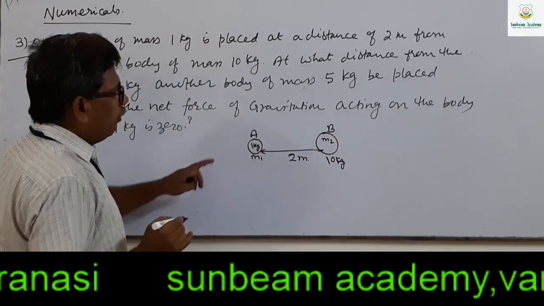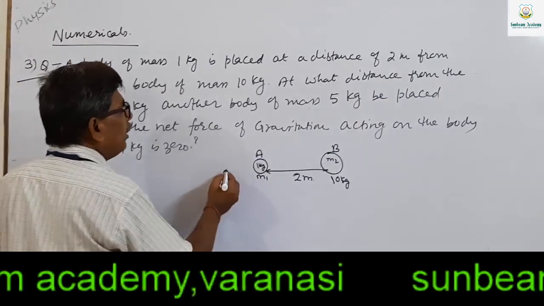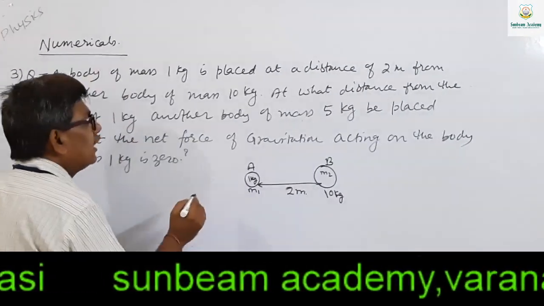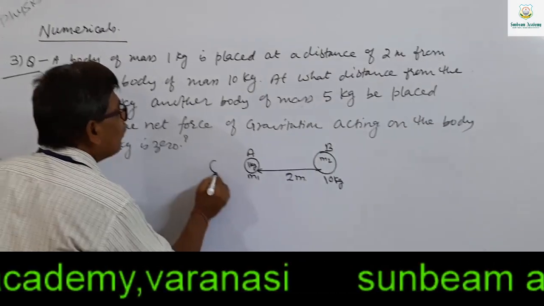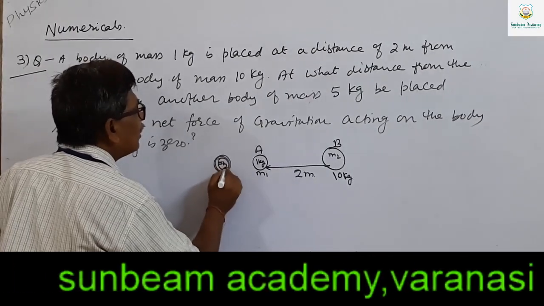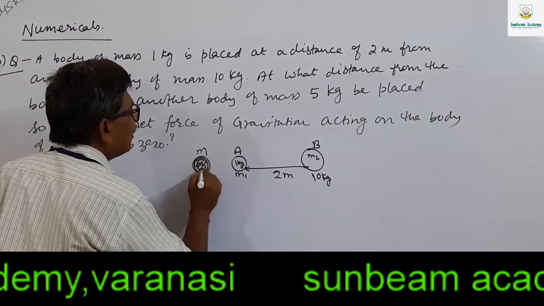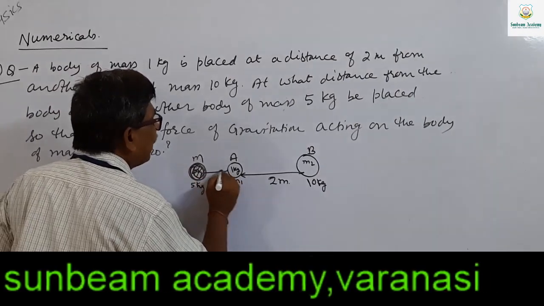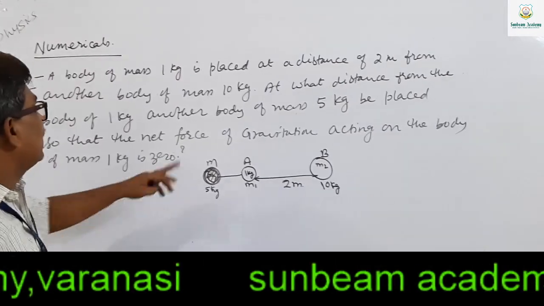Now from the mass of 1 kg, at what distance is another body of mass 5 kg, this is M, placed? See, this mass of 5 kg is placed at what distance so that the net gravitational force acting on mass 1 kg is 0?